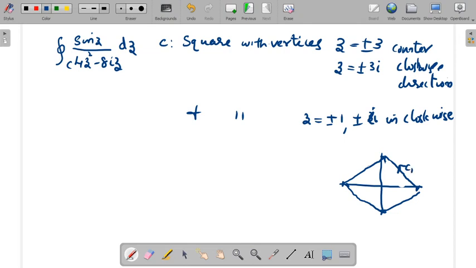Let us name this as C1, and plus or minus 1, plus or minus i in clockwise direction, C2.